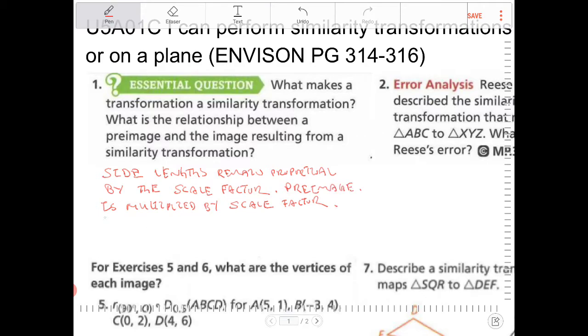The image will have all angles remain the same. The image will have all angles the same as the pre-image.